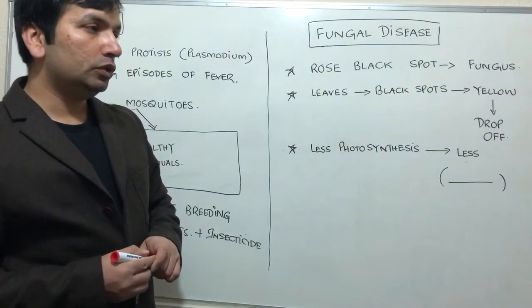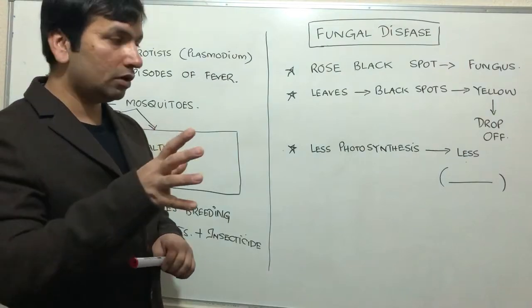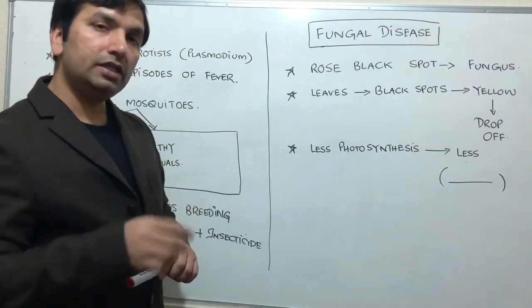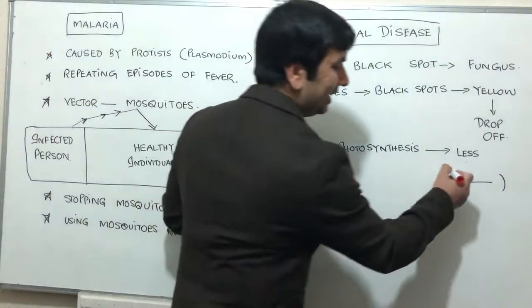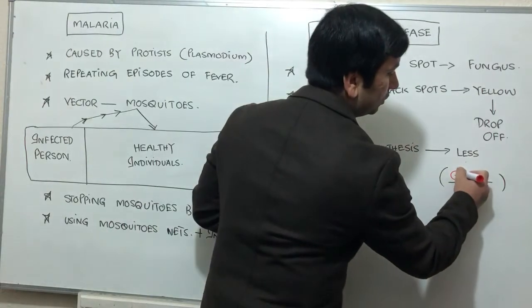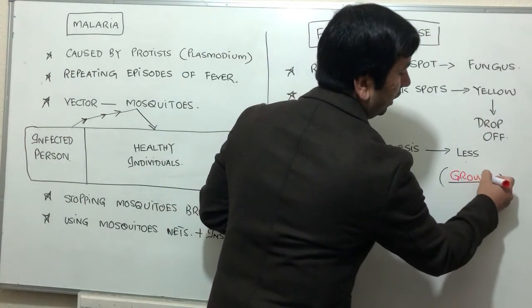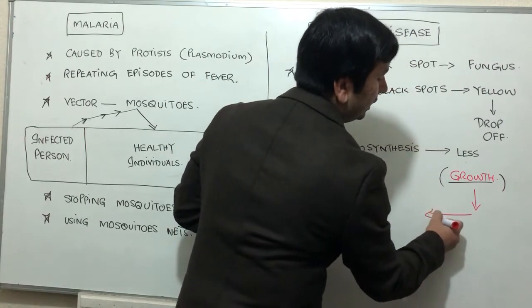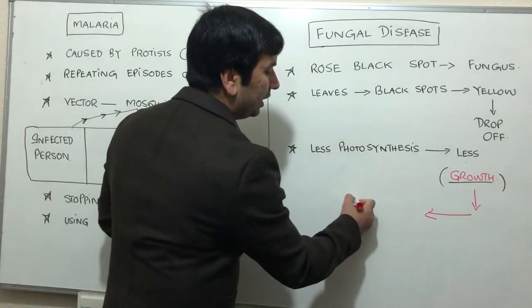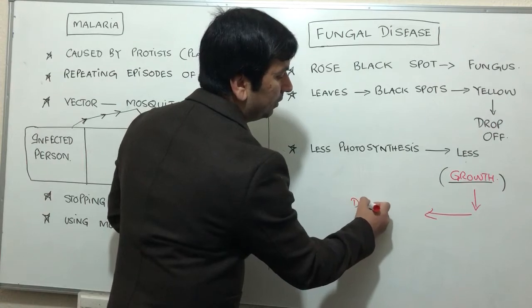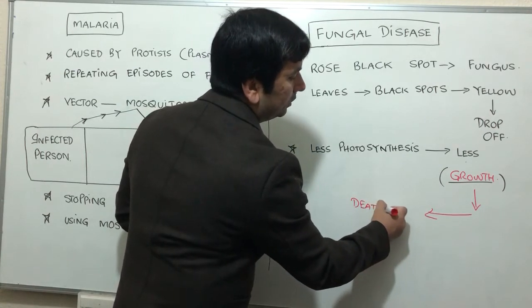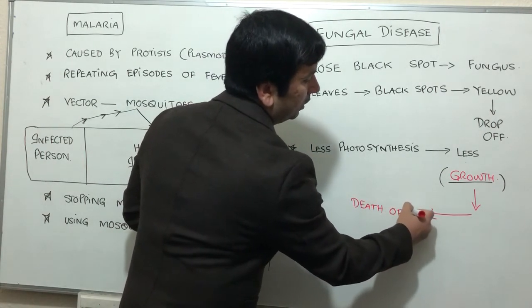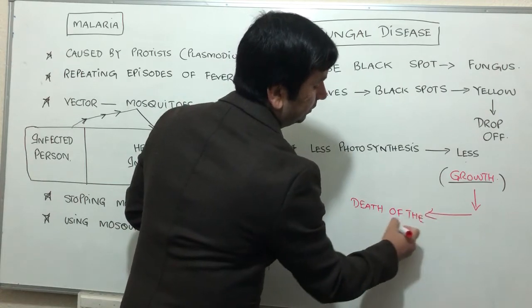And glucose is the main source of food inside the plant, so it means less growth of the plant, and that less growth finally ends up with the death of the plant.